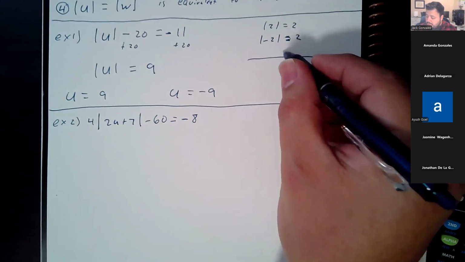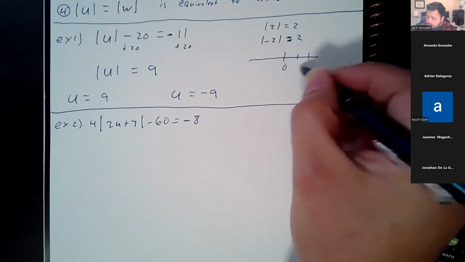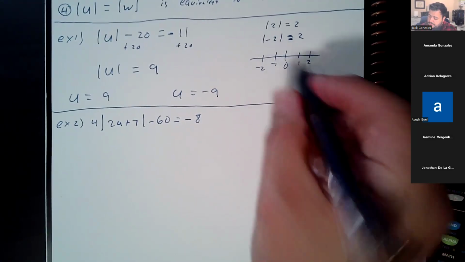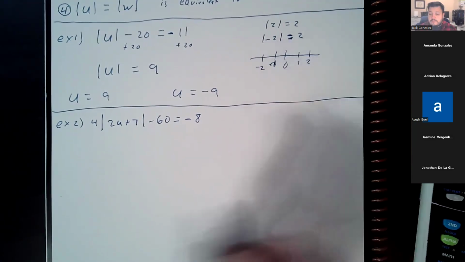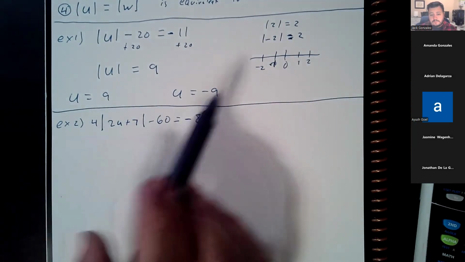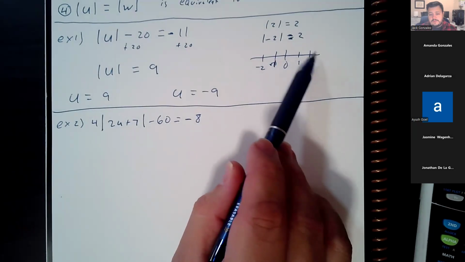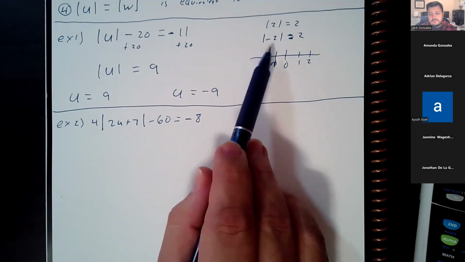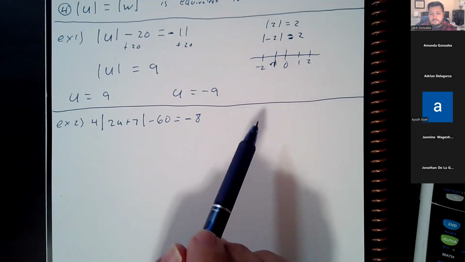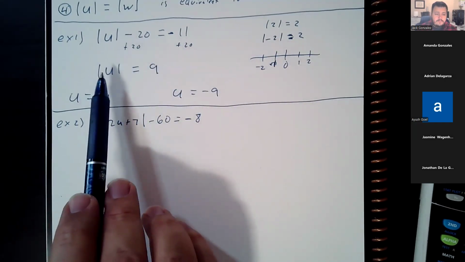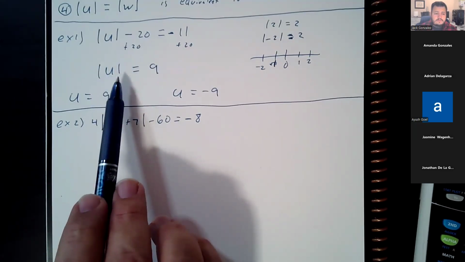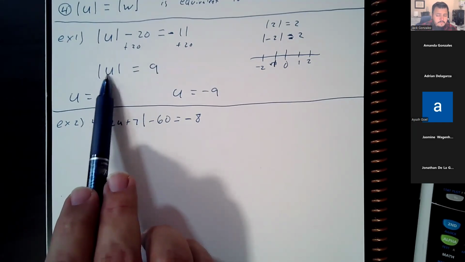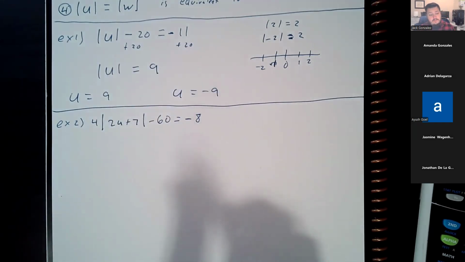So if you had 0, 1, 2, negative 1, negative 2, how far away is it from negative 1? See how this one is 2 units away? And this is 2 units away? That's what it means. What is the distance from 0? What is the absolute value? What is the positive version of whatever this is? That's all the same thing.